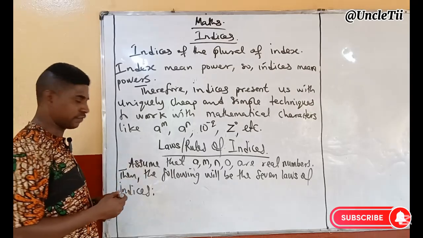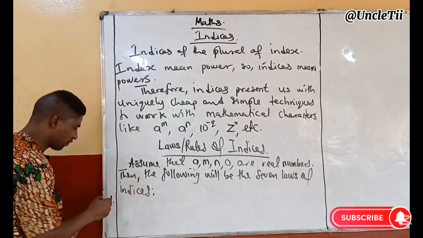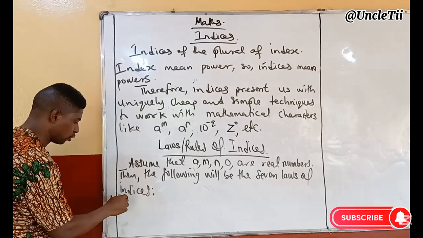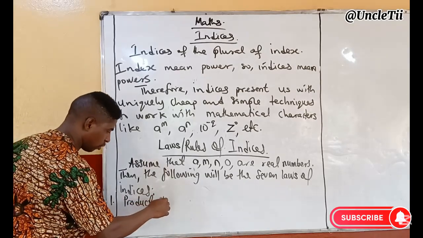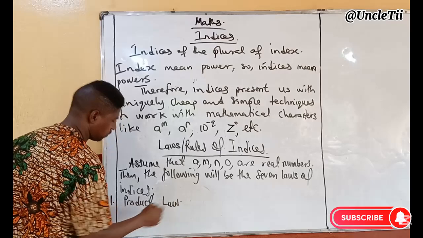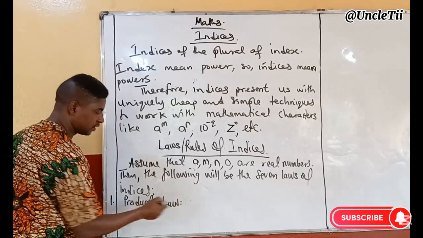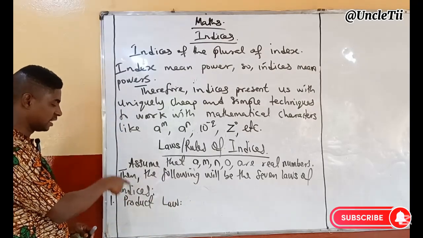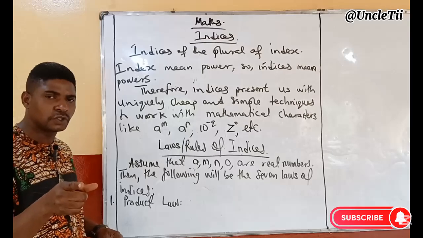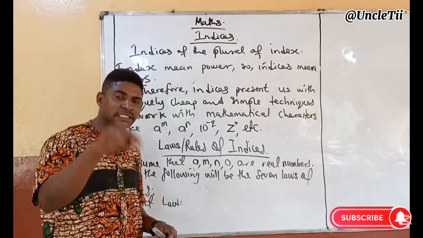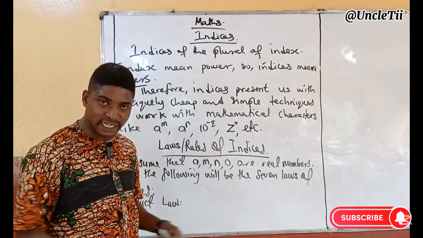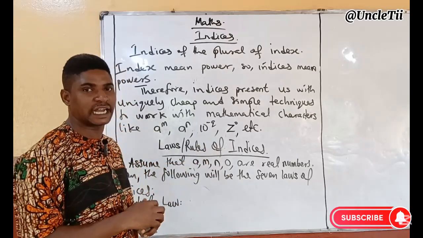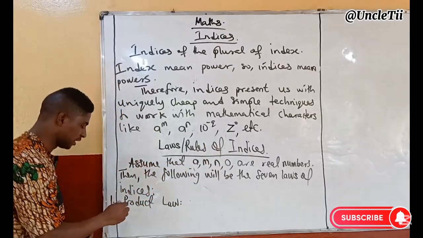7 laws of indices. What is the first law? It is the product law of indices. This law is used to simplify mathematical expressions that involve multiplication of mathematical characters. Look at what the law is saying.